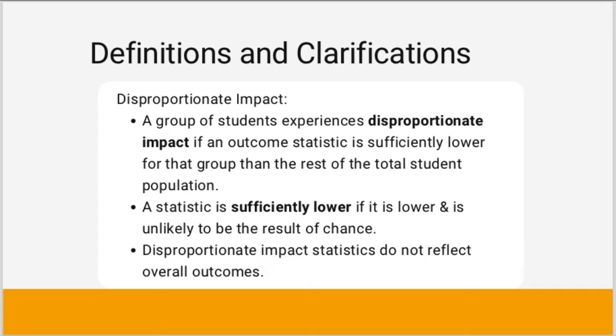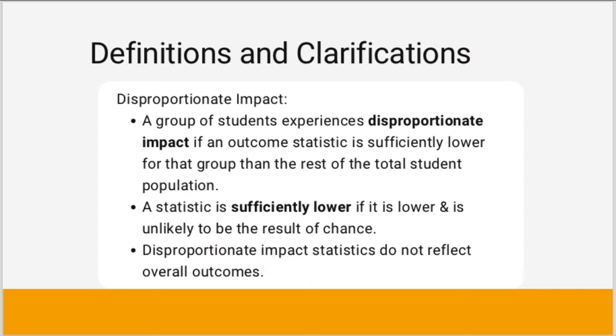In this case we won't be looking at any, but let's say you were in a situation where the desirable statistics are lower. For example, if you had a fail rate or something like that, then disproportionate impact would be if the outcome statistic is sufficiently higher for that group.